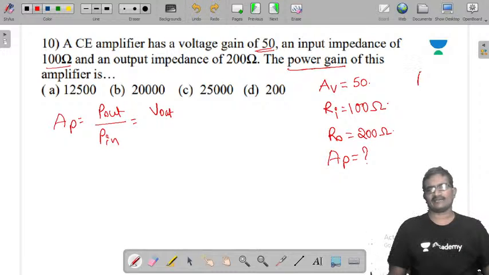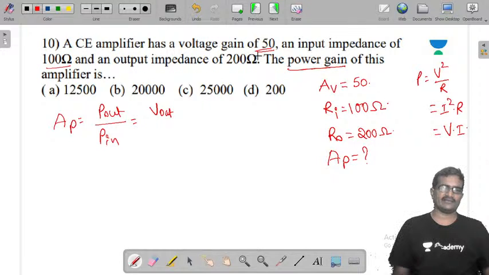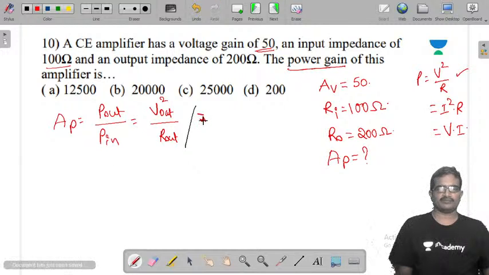Power is V square by R, or I square into R, or V into I. You can use any one of these. Now, everything is given in terms of voltage gain, so I am going to use V naught square by R output, divided by input power, V input square by R input.